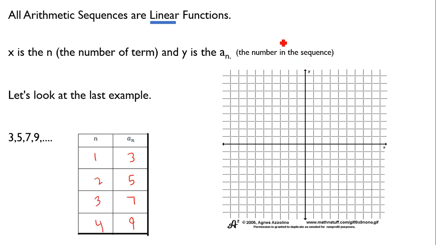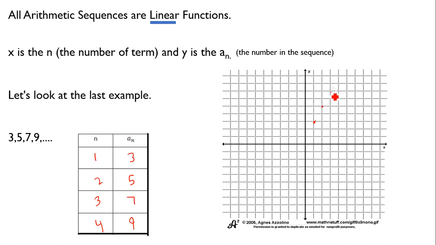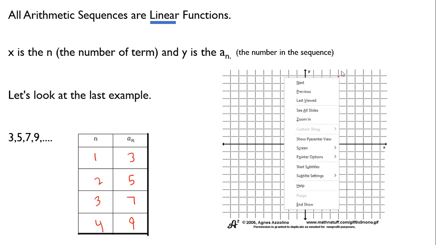Now let's plot those, and we should see a linear pattern. So I'm at 1, 3 right here. 2, 5, so right up in here, 3, 7, so right there, followed by 4, 9, so up here.